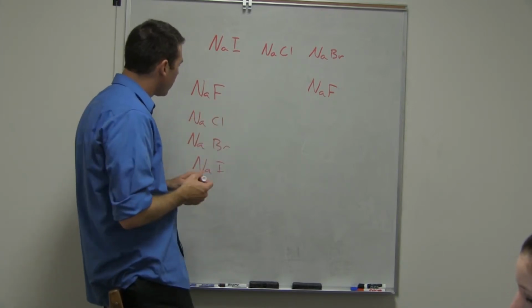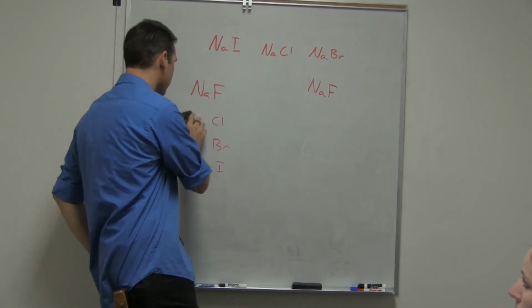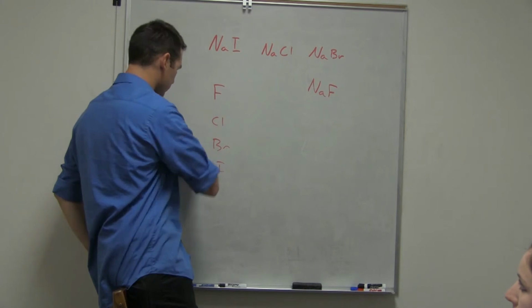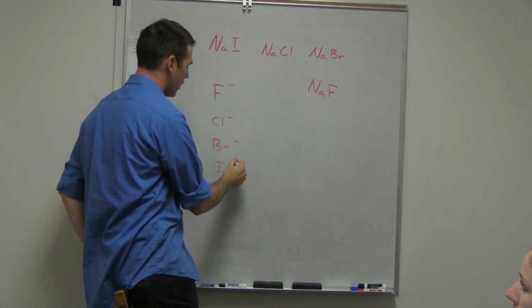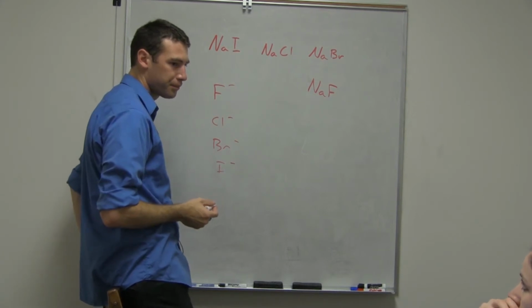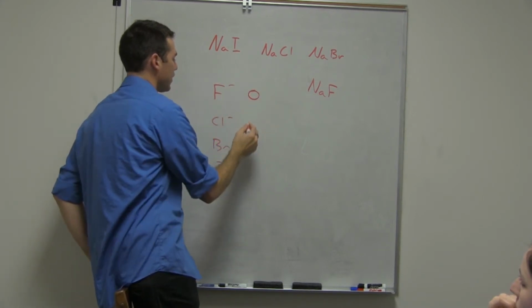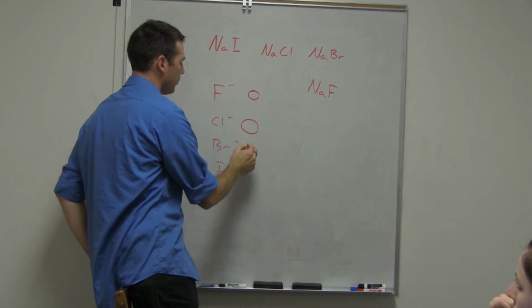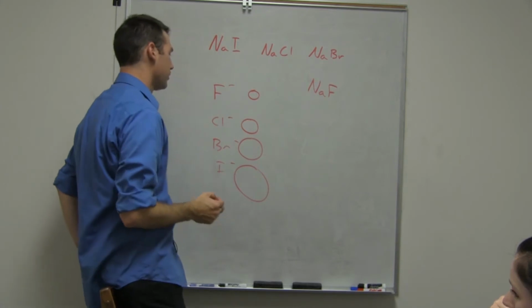We can take out the Na's. We're comparing this guy, this guy, this guy, and that guy. This guy is probably about that size, that guy is a little bigger, and that guy's just huge.